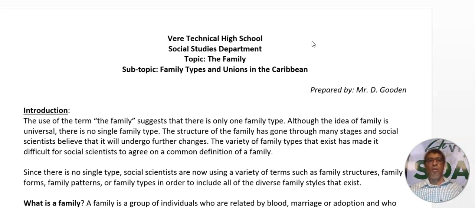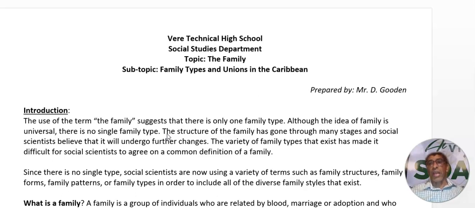All right, so the use of the term family as we begin suggests that there's only one family type. Although the idea of family is universal, there is no single family type. And we had established that in our classes before. Family types or family structures have gone through many changes, right?